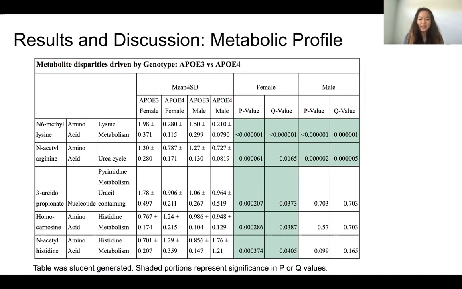N6-methyllysine, according to literature, if found on the tau protein, can actually reduce tau protein aggregation, which is one of the hallmarks of developing Alzheimer's disease. Knowing that one specific metabolite is actually responsible for that reduction of aggregation is really important, especially as a lot of the Alzheimer's therapies have overlooked this N6-methyllysine metabolite. While literature has shown that this specific metabolite can be involved in that reduction of aggregation, no therapies have used that as a target.